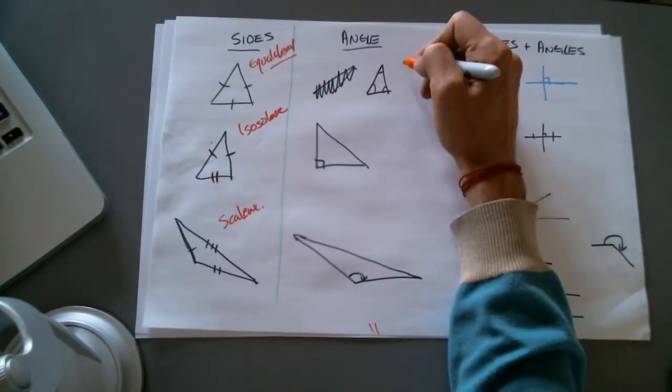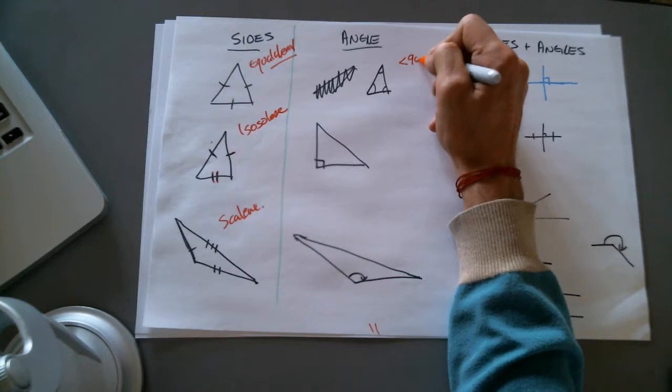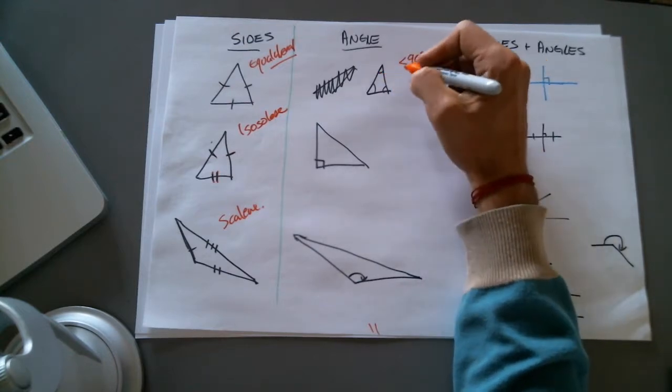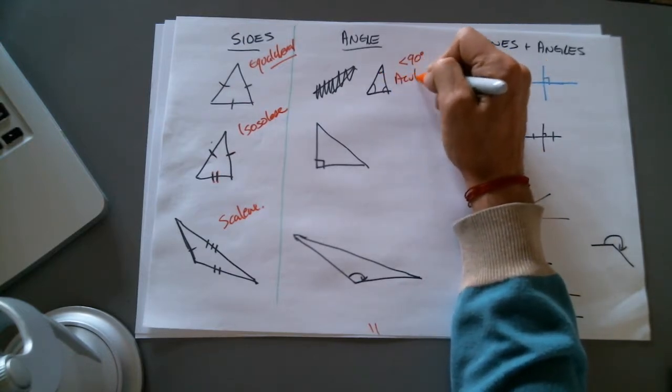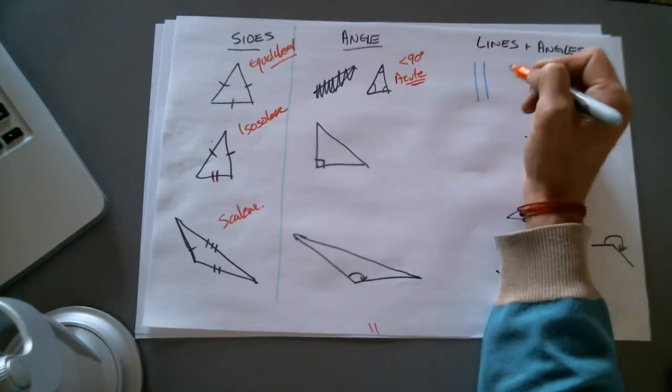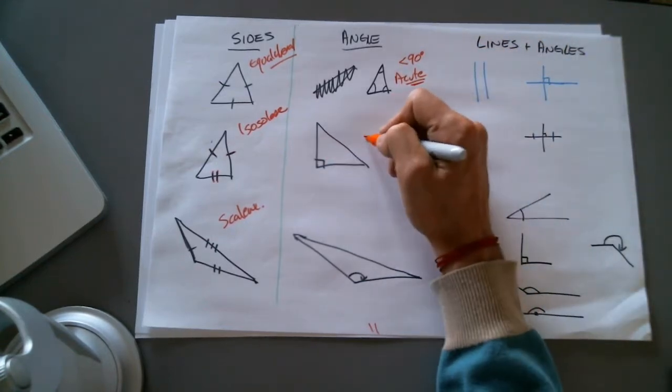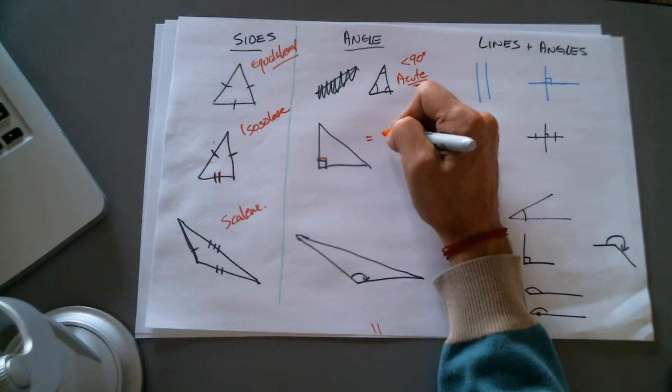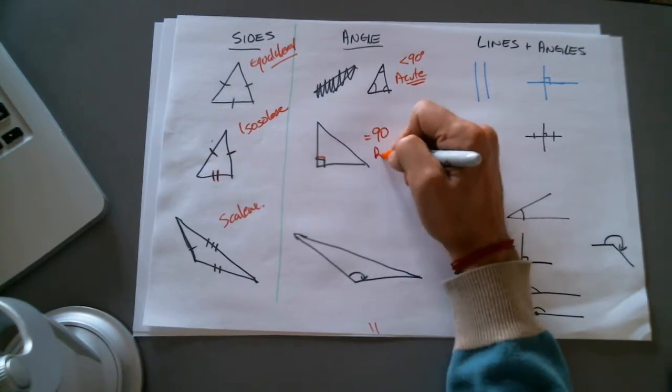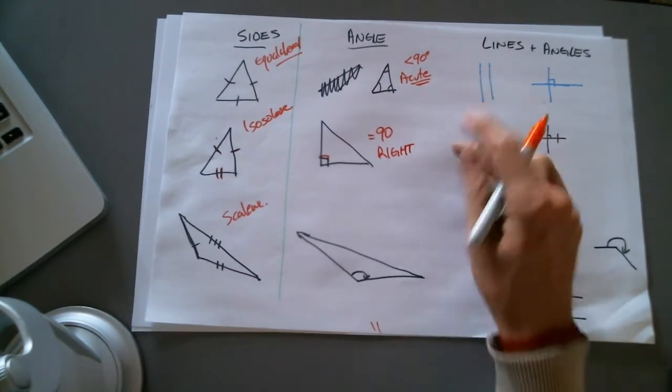Now, angles. If all the angles are less than 90 degrees, this is called an acute. It's cute. It's even in the word. If one angle equals 90, this is called a right triangle.